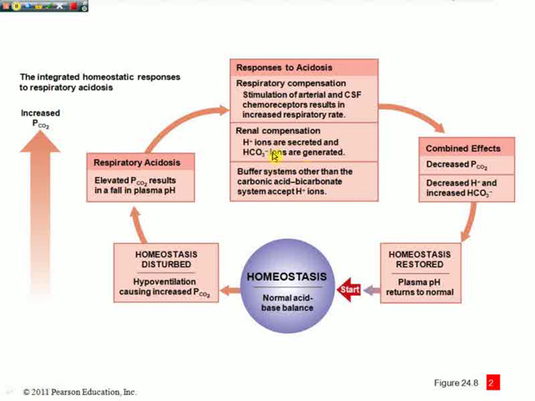Kidneys will secrete more hydrogen ion and generate more bicarb ion. Buffer systems will come into play. And this will decrease the PCO2, decrease the hydrogen ion amount, and increase the bicarb amount, thus restoring homeostasis.